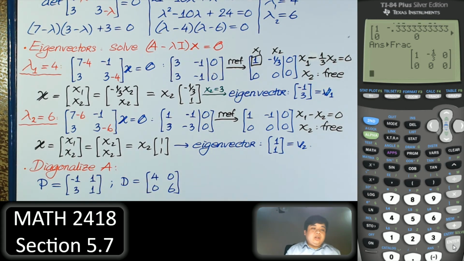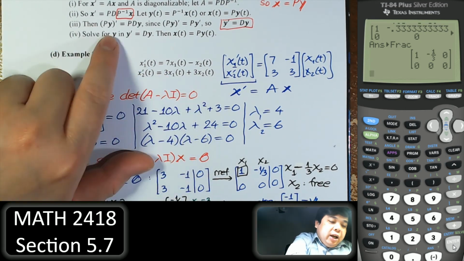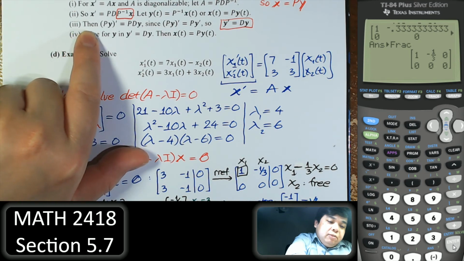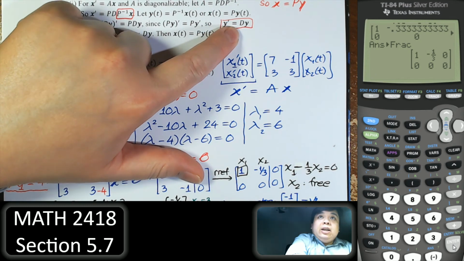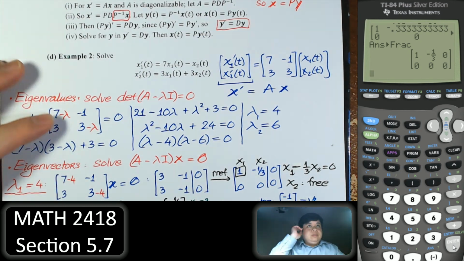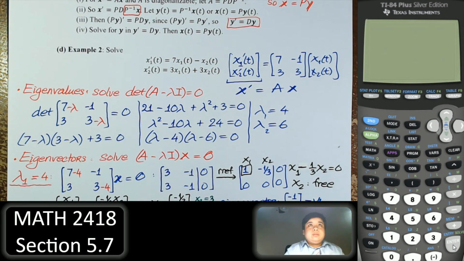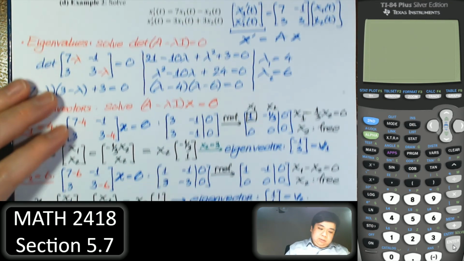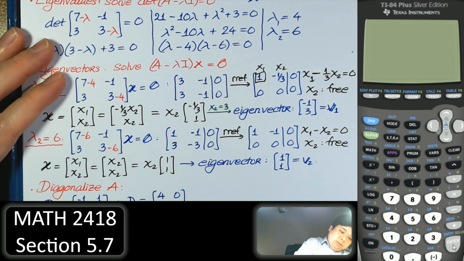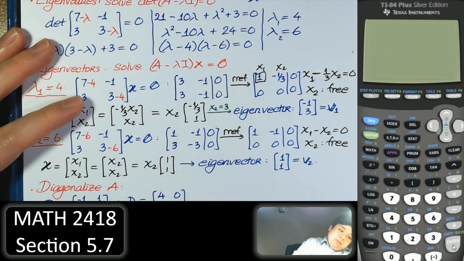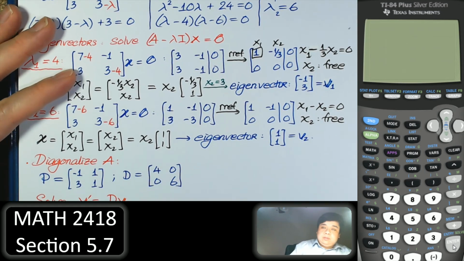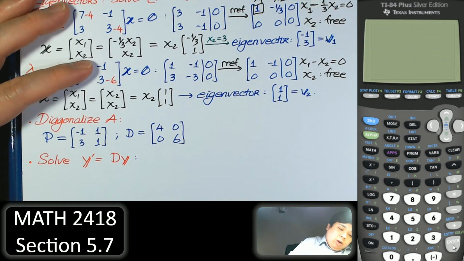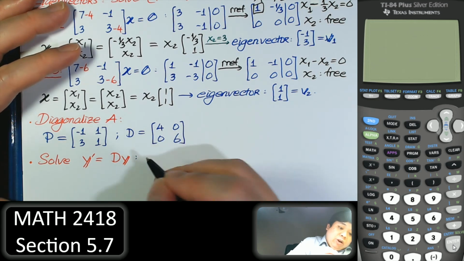Right. So what next? What next is we show Y prime equal to DY. Right. Y prime, we don't know, that's what we solve for, right?